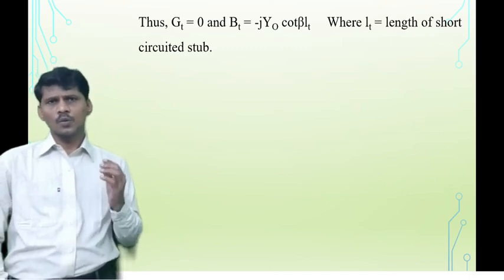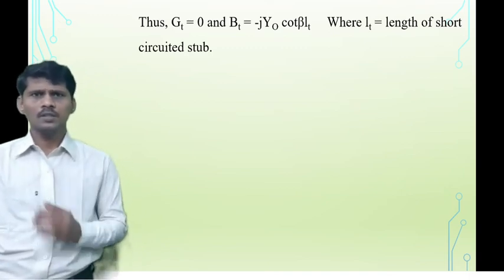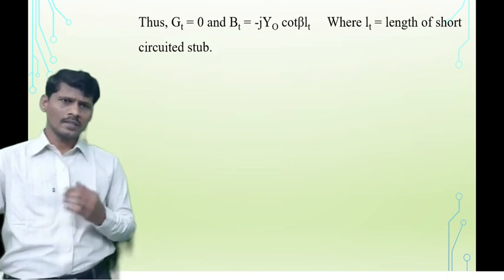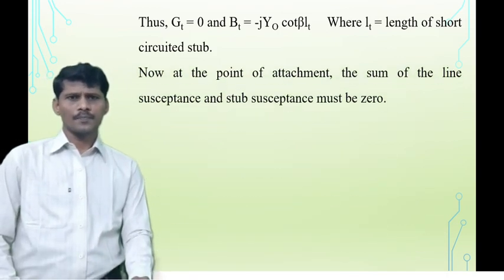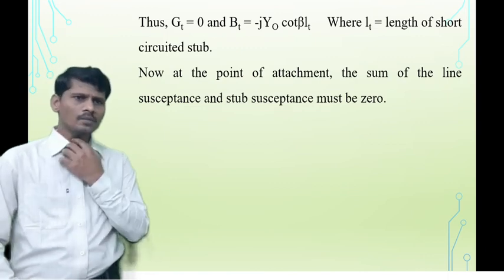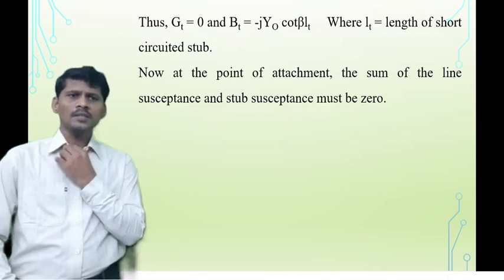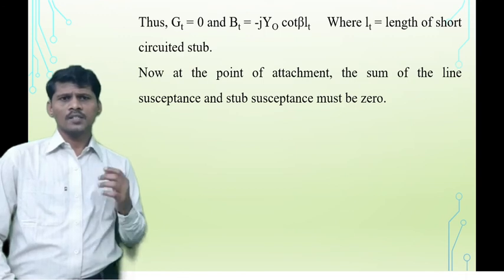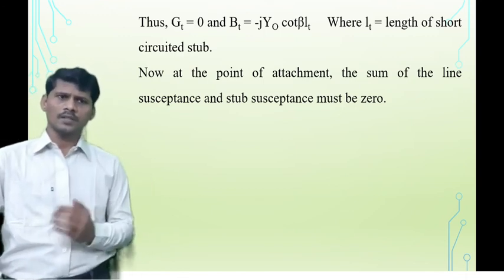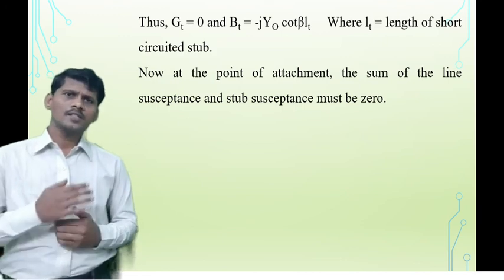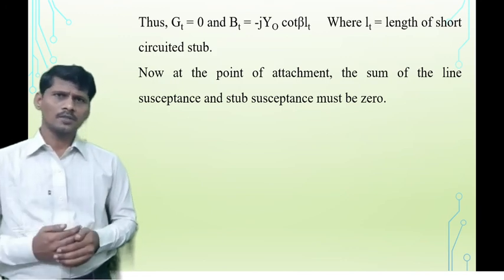Ls is the location of the short circuited stub, and Lt is the length of the short circuited stub. Now at the point of the attachment, the sum of the line susceptance and the stub susceptance must be 0.